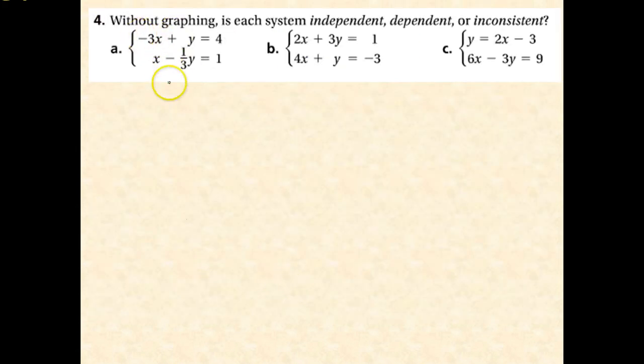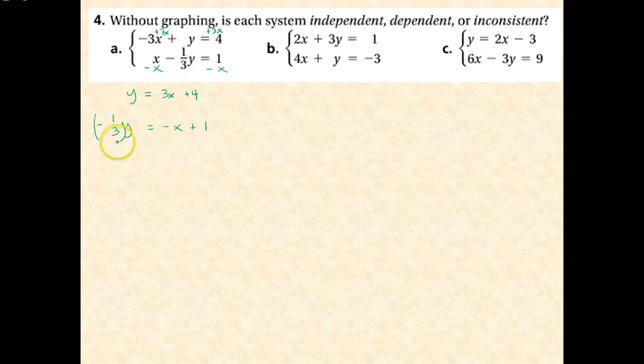Alright, so for A, if I add 3x to both sides of this equation, I would get y equals 3x plus 4. For this one, I'm going to have to do a little more work. I'm going to subtract x from both sides, which gives me negative 1/3 y equals negative x plus 1.